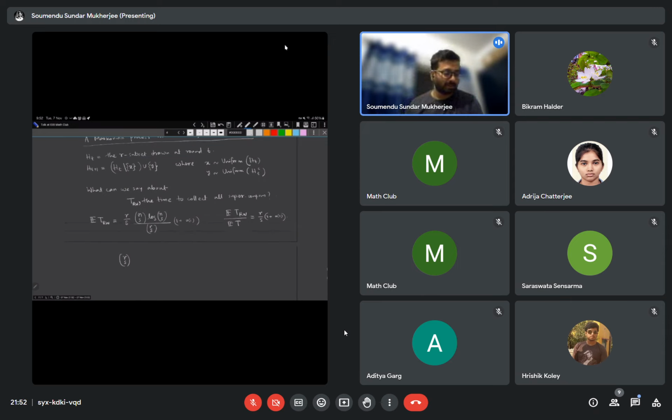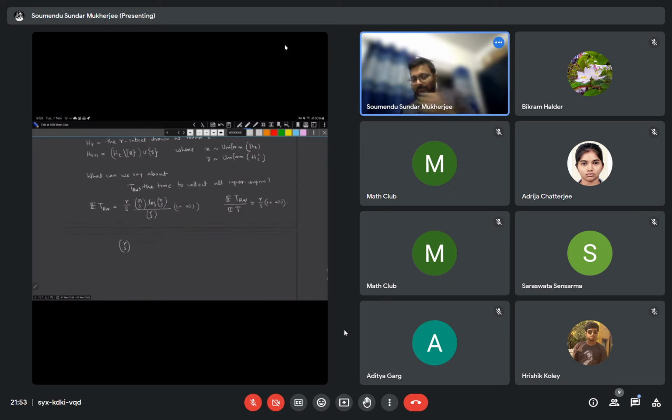How many new coupons am I collecting if I have this Markovian dynamics? I have only changed one of the coupons, right?